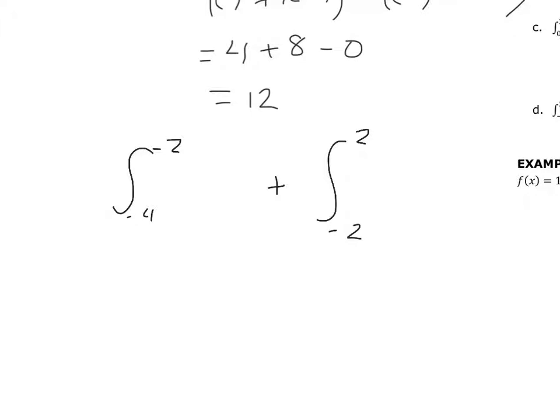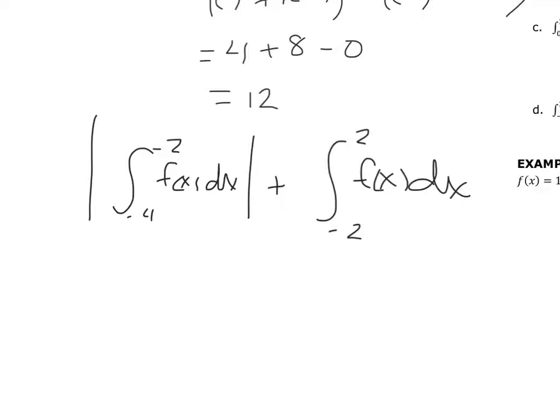Whereas this part, because it's below the x-axis, would have been the absolute value of my function dx. And then this side would have just been my function dx. Okay? So if they want the total area, you do the absolute value of the one that's beneath the x-axis.